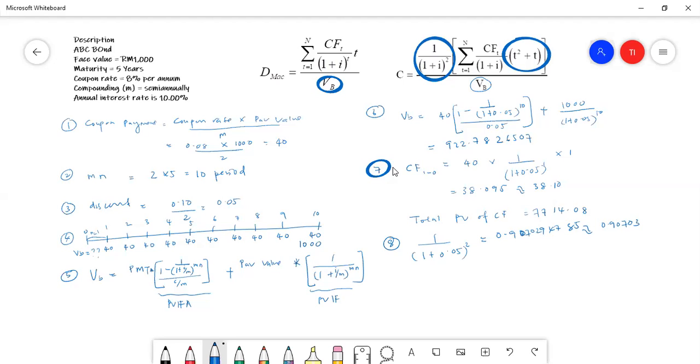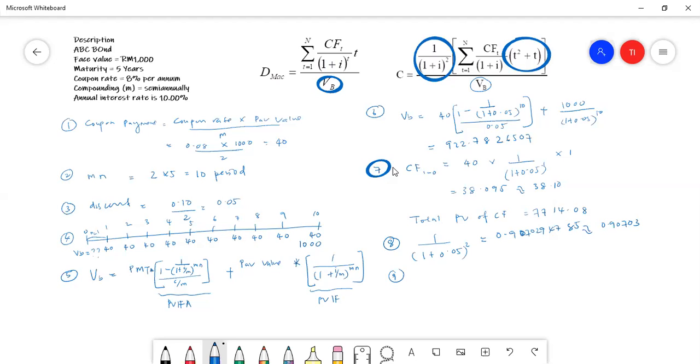And then we look into t, the cash flow, because t squared plus t. This means the timeline 1 squared plus 1 equal to 2. Then the period 2, 2 squared plus 2 equal to 6. And period 3 becomes 3 squared, which is equal to 9, plus 3, which is equal to 12.